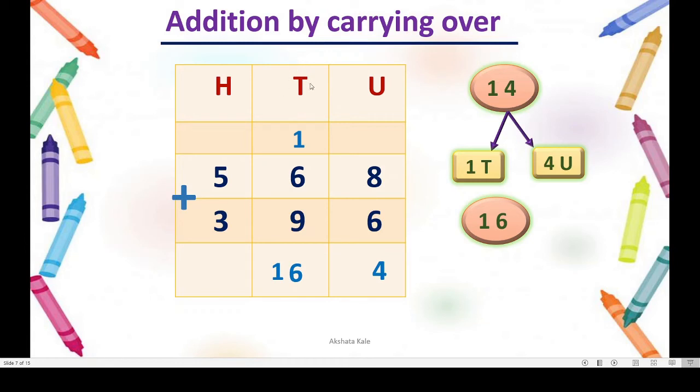It is in the tens column. So when we see the place values, here 6 is in tens place, so 60. And 1 is in hundreds place, so it is 1H. So we will keep this 6 in the tens column and this 1 will be carried over to the hundreds place.